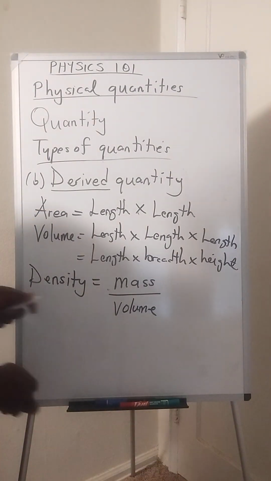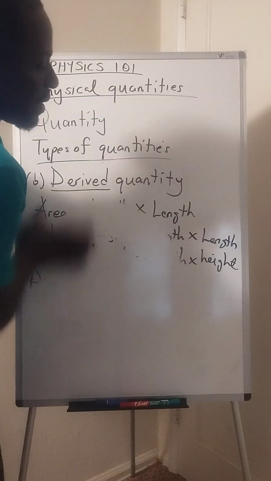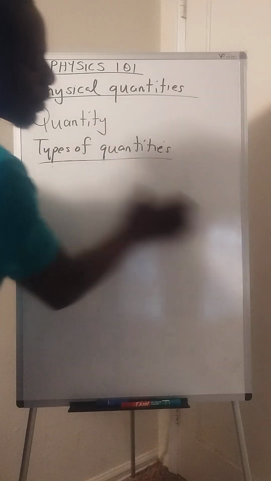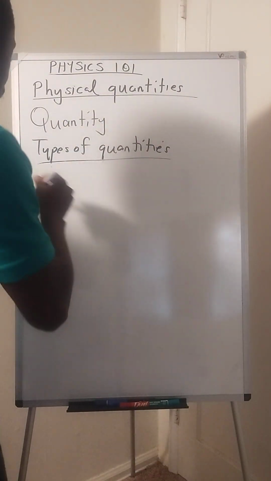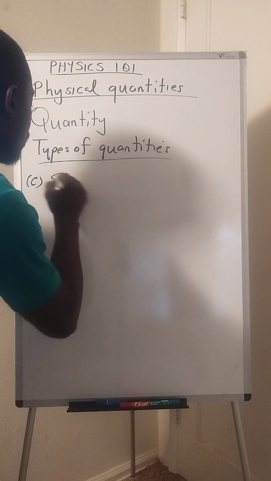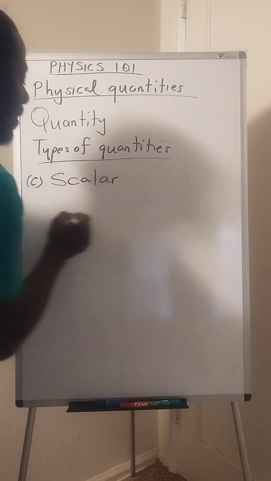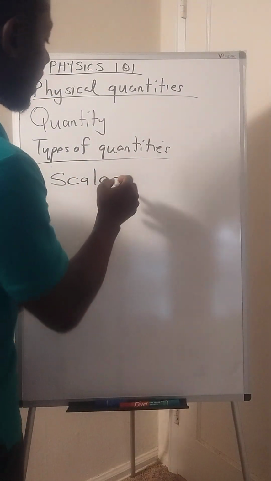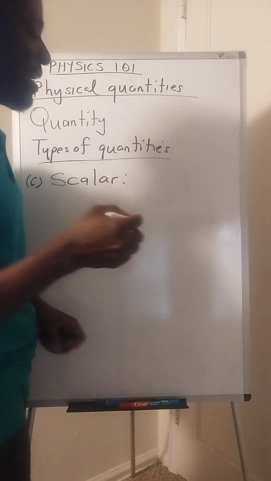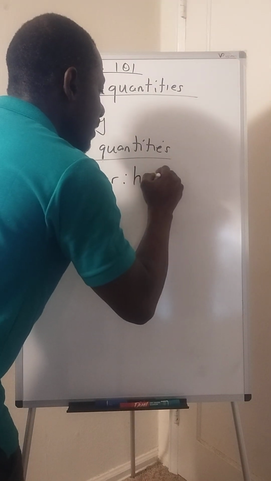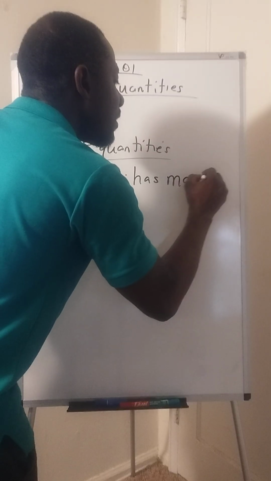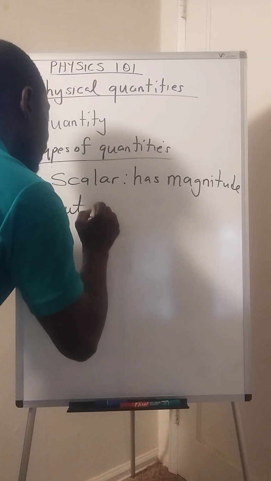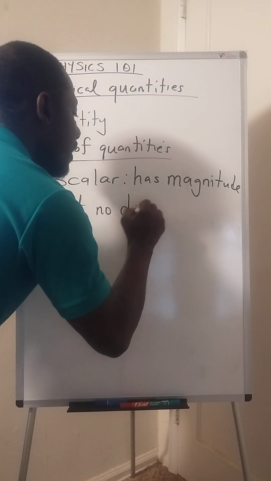Now, the next type of quantity is a scalar quantity. A scalar quantity is any quantity which has magnitude but no direction.